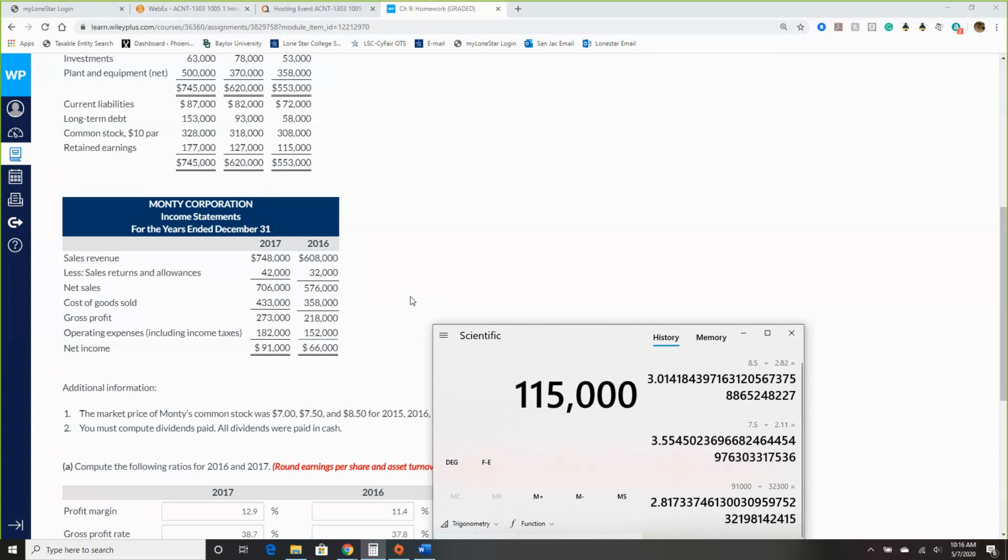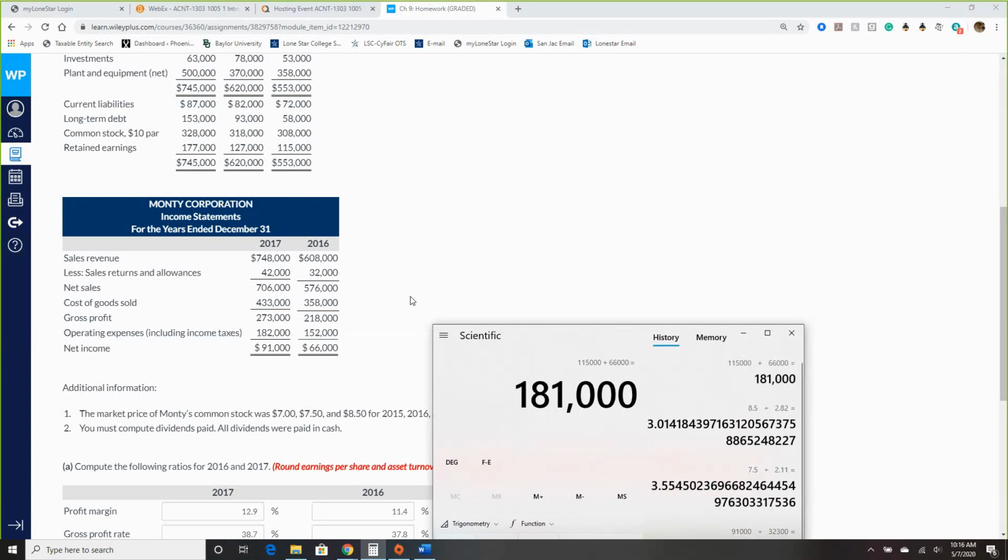So plus net income was 181,000. Now we're supposed to get to 127,000. That's our ending.